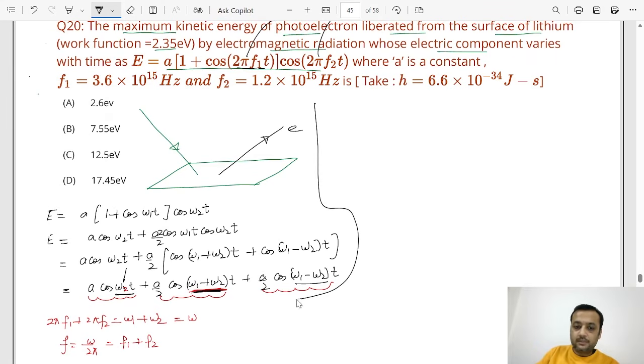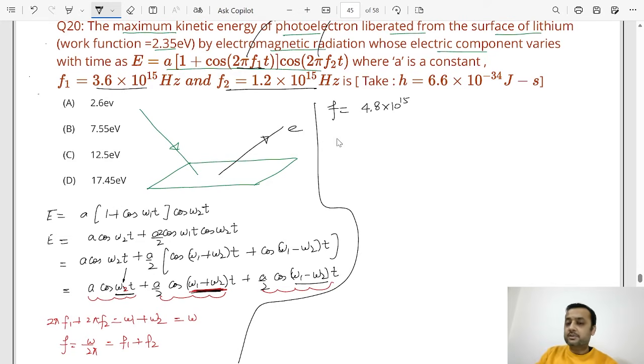So for getting the K max, we will use this frequency f1 plus f2. You can see this is f1, this is f2, so if you add up, the net frequency of this photon becomes 4.8 into 10 to the power 15. This is the energy of the incoming photon, the highest energy photon.